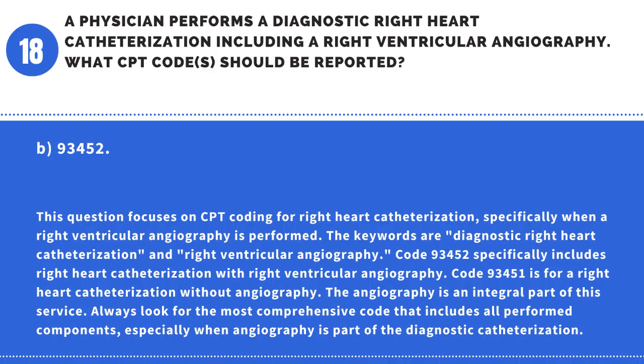Code 93452 specifically includes right heart catheterization with right ventricular angiography. Code 93451 is for a right heart catheterization without angiography. The angiography is an integral part of this service. Always look for the most comprehensive code that includes all performed components, especially when angiography is part of the diagnostic catheterization.